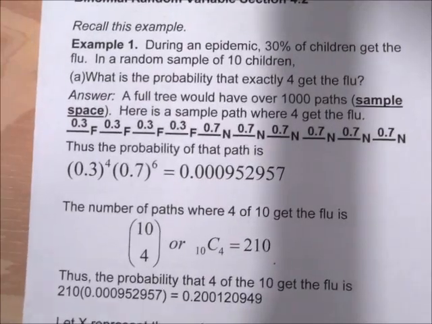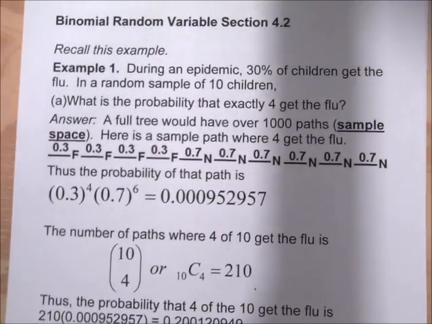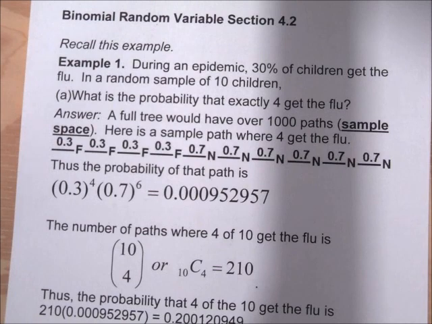There are several special random variables that come up often enough that they have special names, and one of them is the binomial random variable. Typically, a binomial random variable involves, well, the prefix bi means two. So typically, you have a population that has either one of two characteristics.